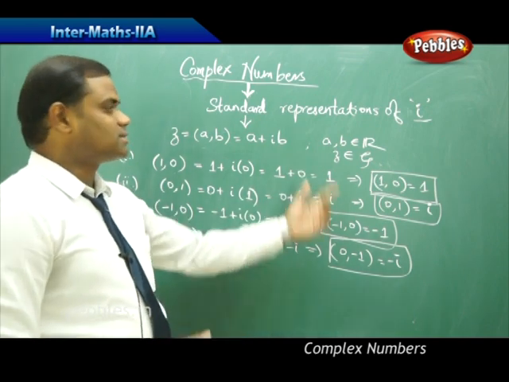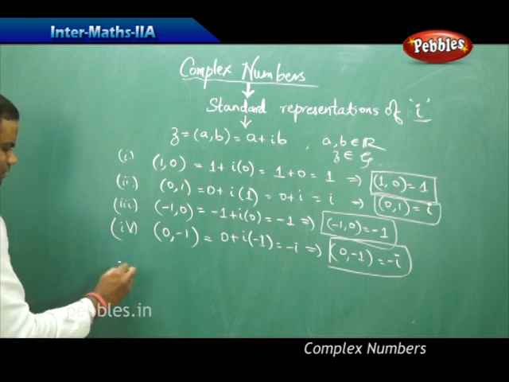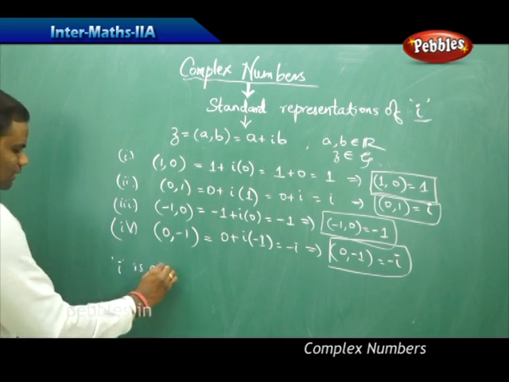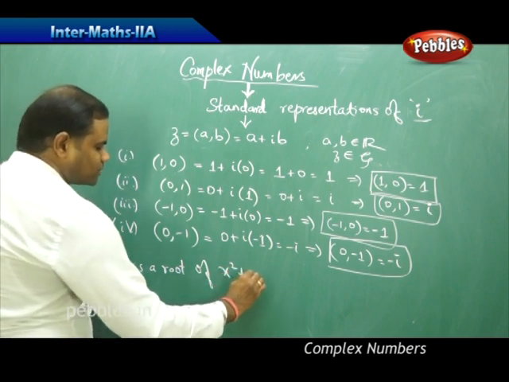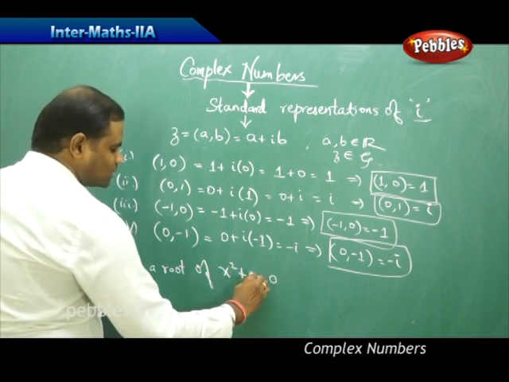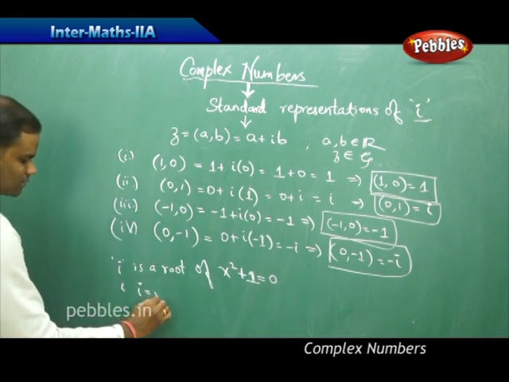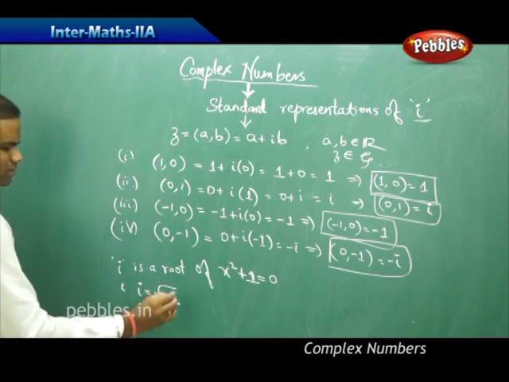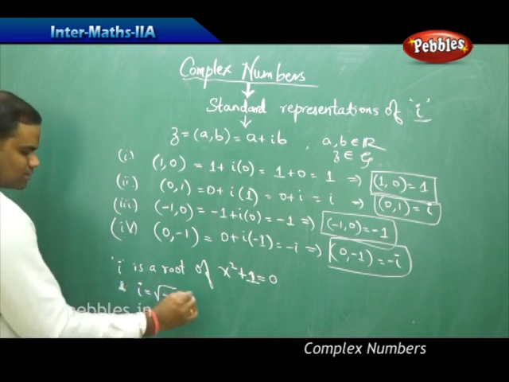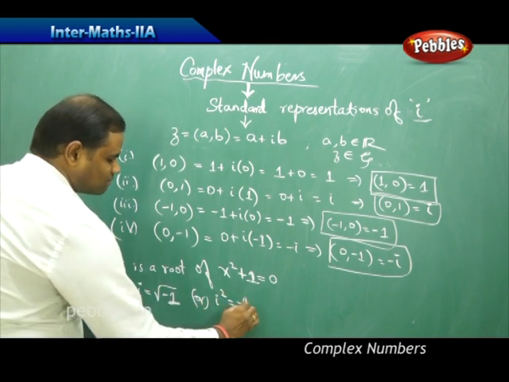Basically, we need to understand that i is a complex number, which is a root of Euler's equation x squared plus 1 equal to 0. The value of i is given as the root of a negative number, root minus 1, or we can say i squared is minus 1.